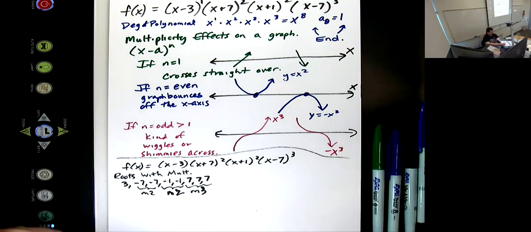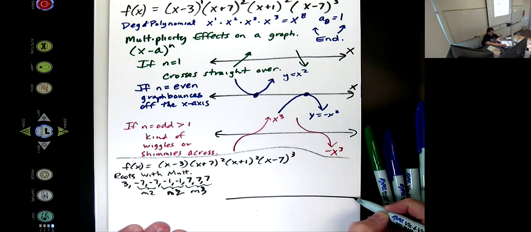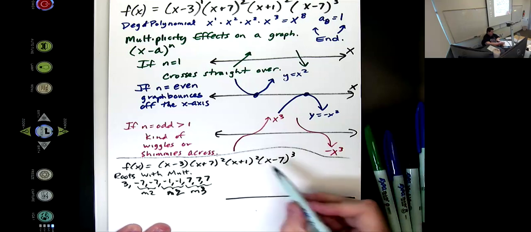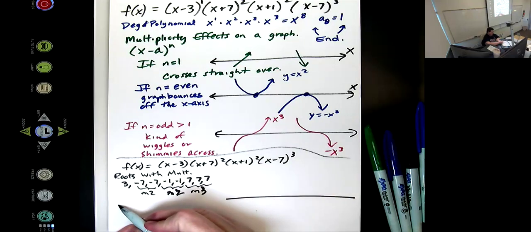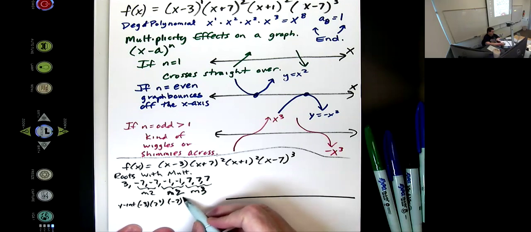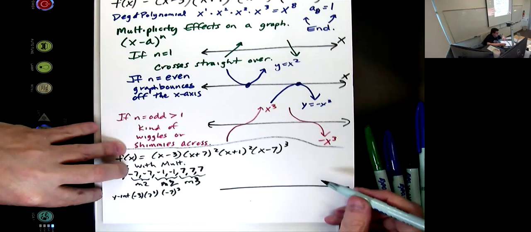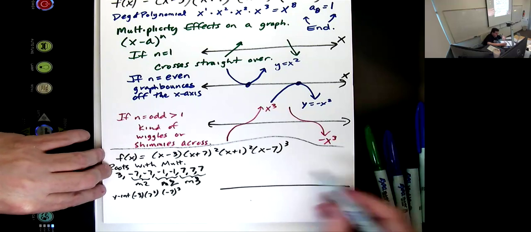So if I draw my graph, the y-intercept is gonna be ugly. The y-intercept is -3 times 7 squared times -7 cubed. I don't even wanna know what it is. But I can figure out if it's positive or negative by doing the rest of the graph.